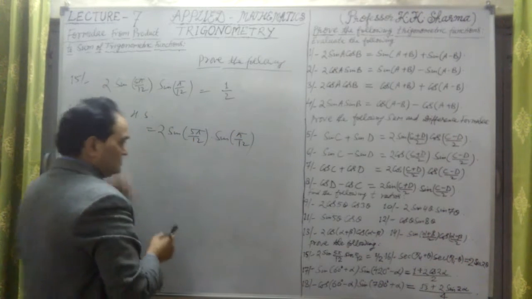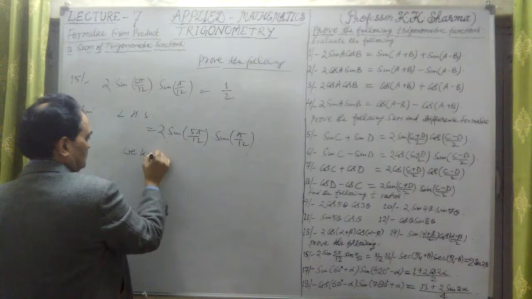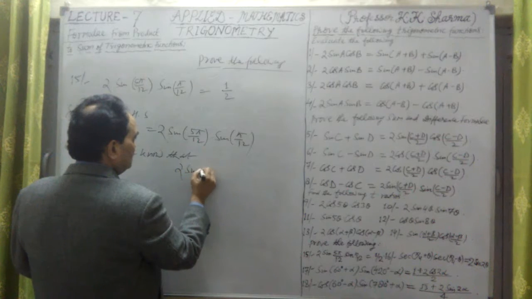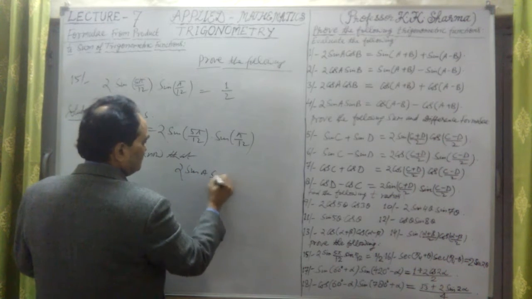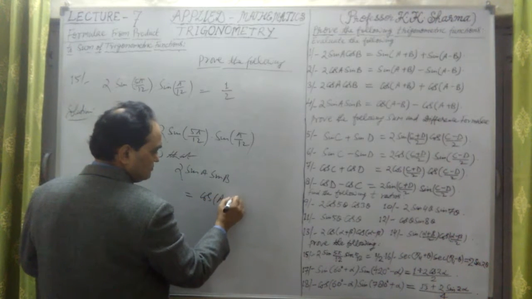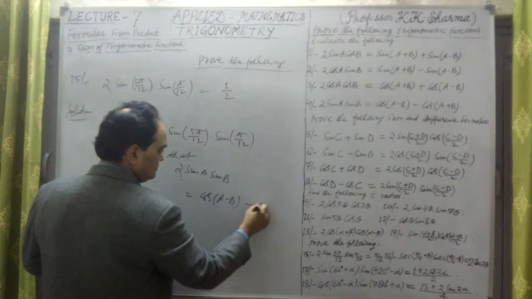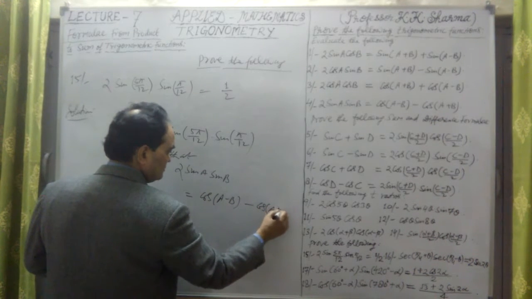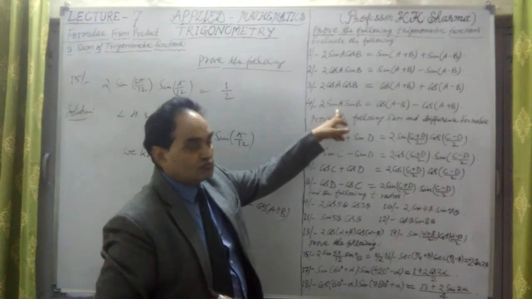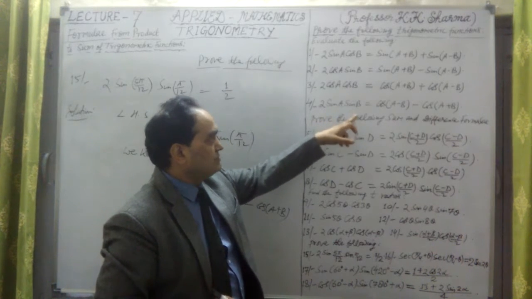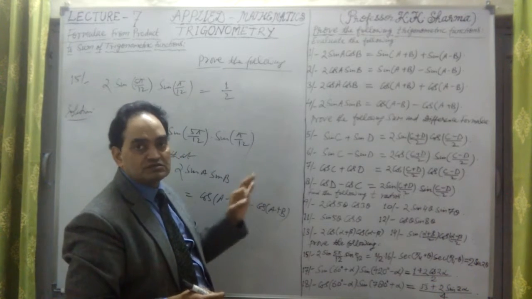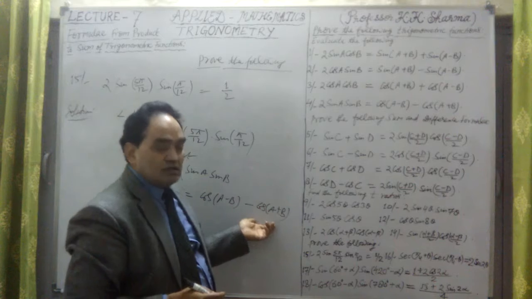Now we know that sine A sine B is equal to cos A minus B minus cos A plus B. This is your fourth formula. Question number 4: 2 sin A sin B equal to cos A minus B minus cos A plus B. This is to be understood.